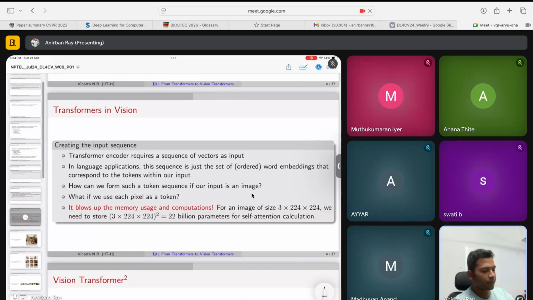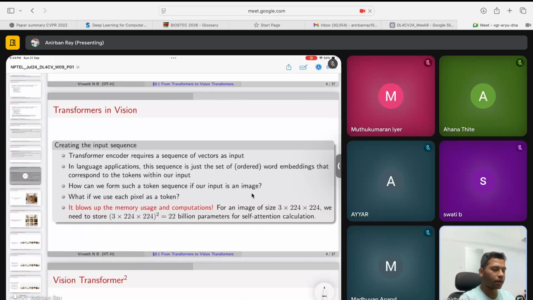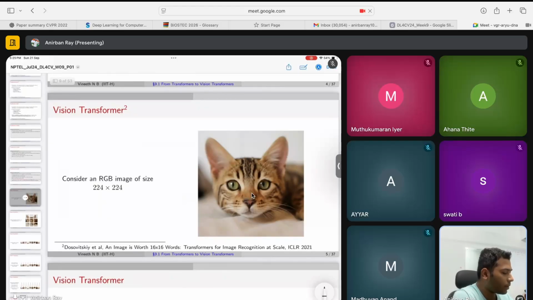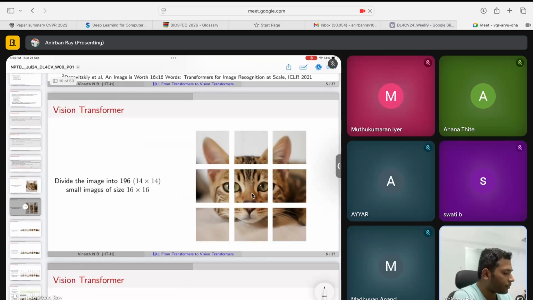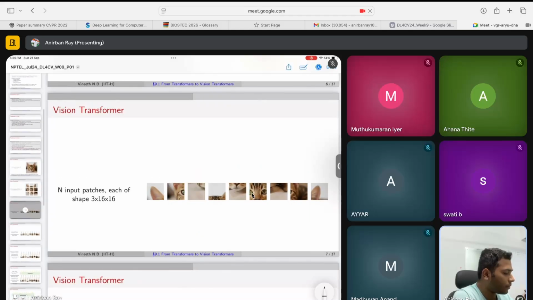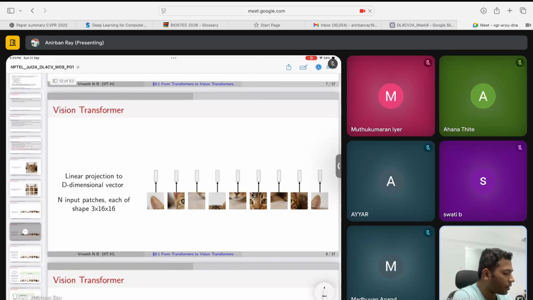We cannot use pixels as tokens, because then our computation blows up. So actually we will make tokens out of patches. Consider an RGB image of this size. They make patches here, and a linear projection to a d-dimensional vector.